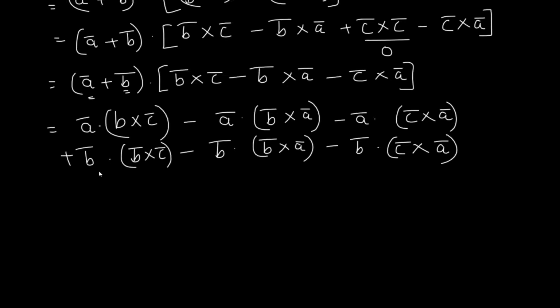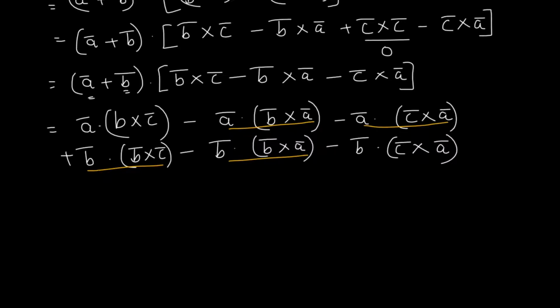Once we write this, we see that wherever the vectors are the same, the product is 0. The scalar triple product is 0 when the vectors are similar. That means A and A being similar, this one goes away as 0, and similarly the other such terms.